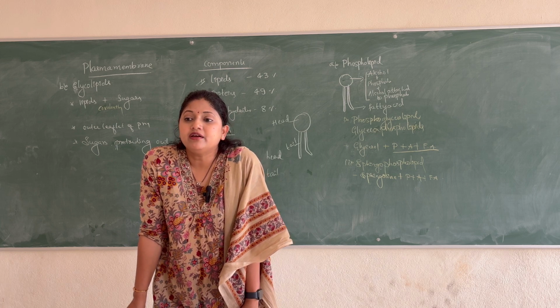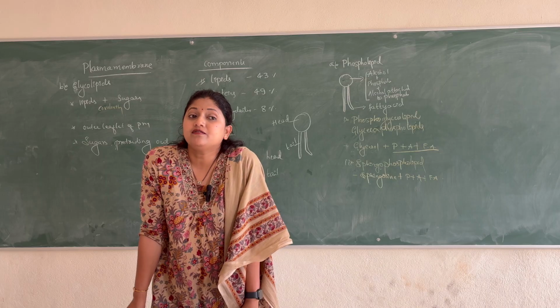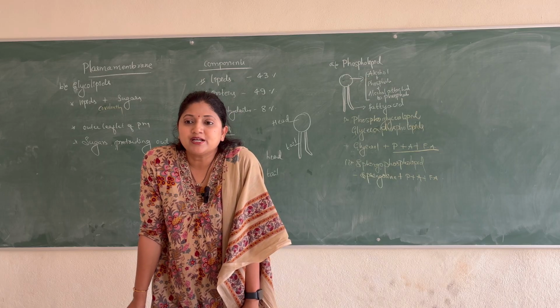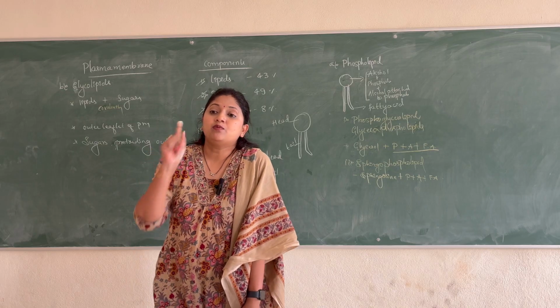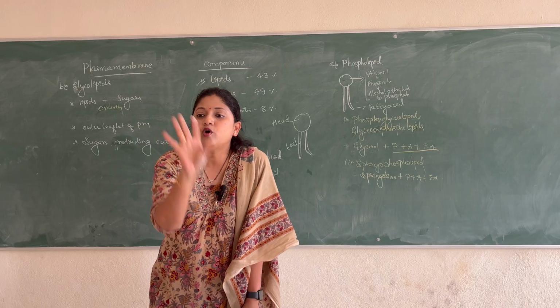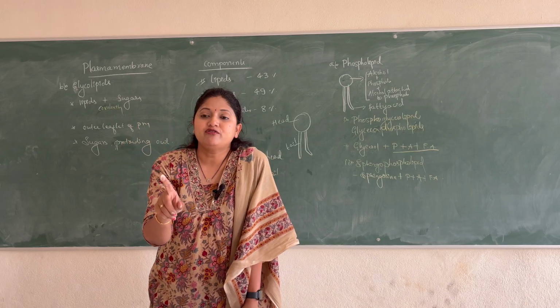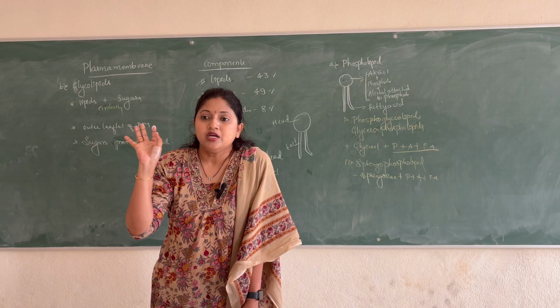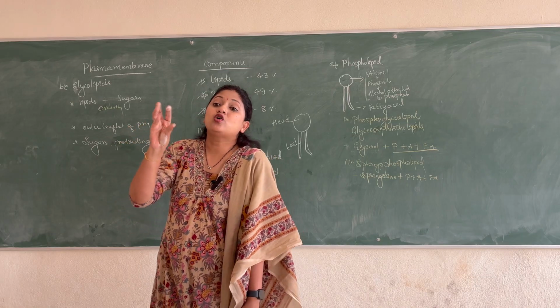Carbohydrates will never ever be present solely. Like we have lipids and proteins, we don't have carbohydrates present individually. The carbohydrate should be combined either with the lipid or with the protein, either in the form of a glycolipid or in the form of a glycoprotein. So we never see the glyco individually.